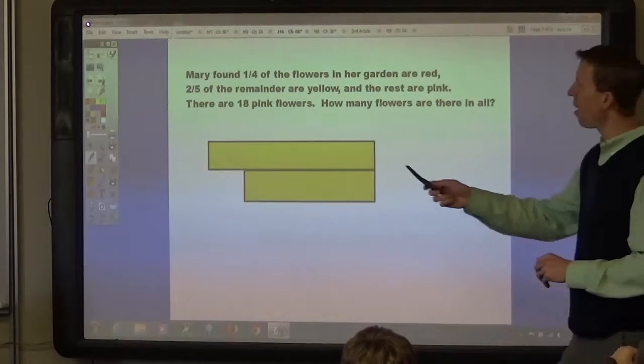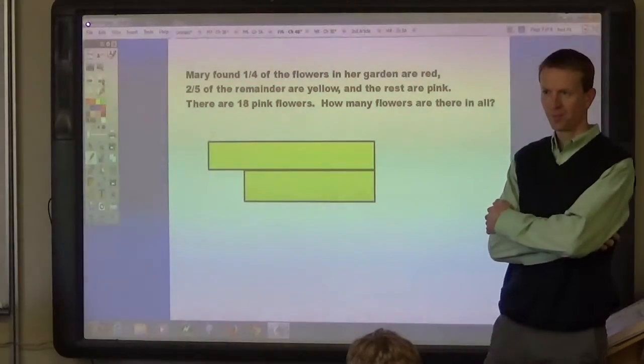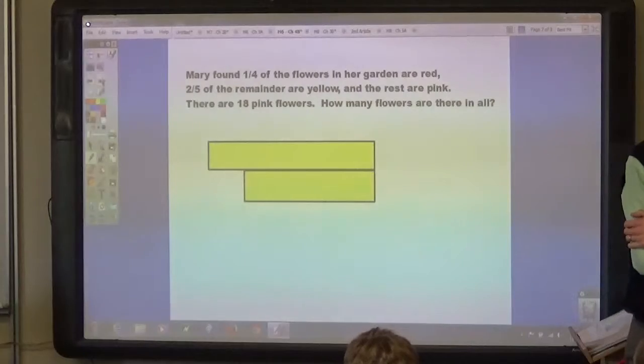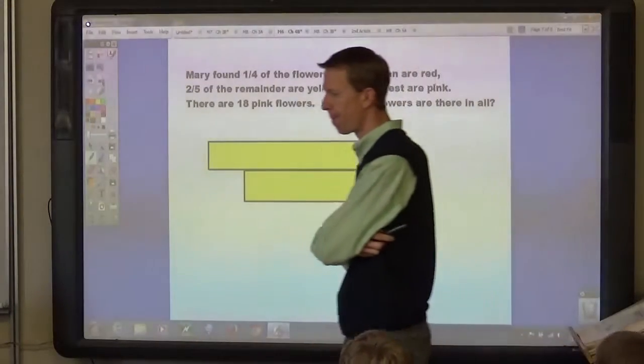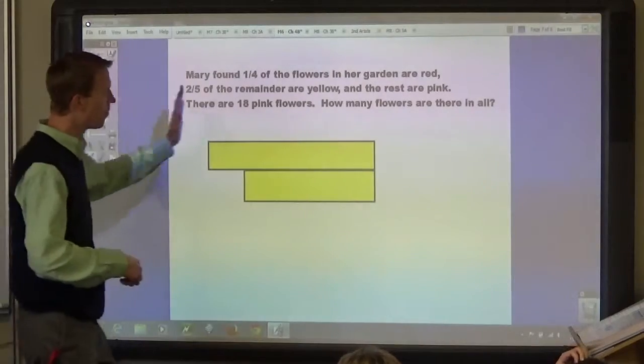Again, we're going to use these bars to make the fractions given. Okay? Use the bars to make the fractions.